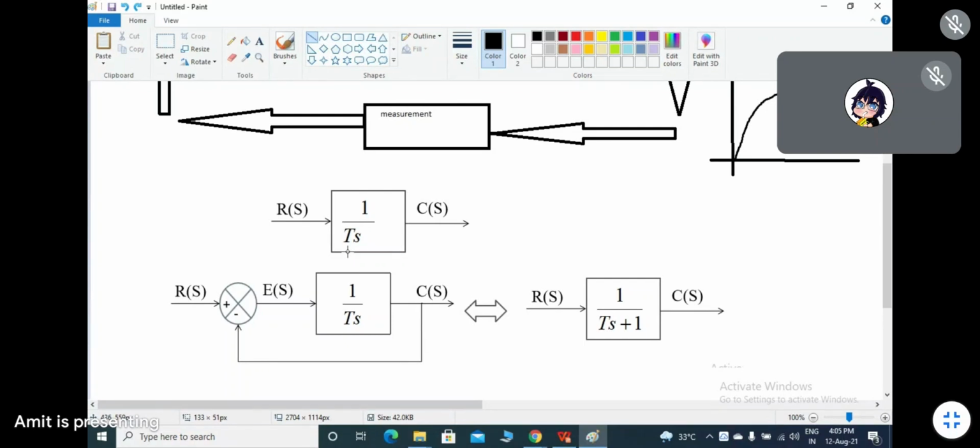The standard formula is G(s) divided by 1 plus G(s) H(s), and the gain is also multiplied if there is any.